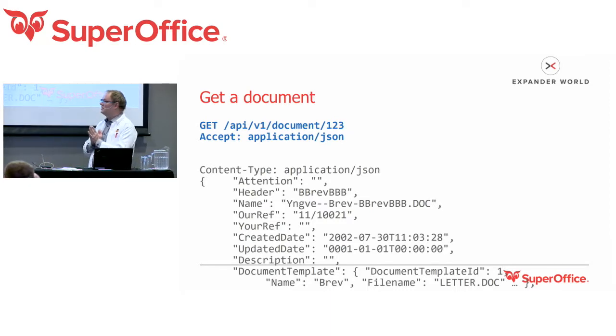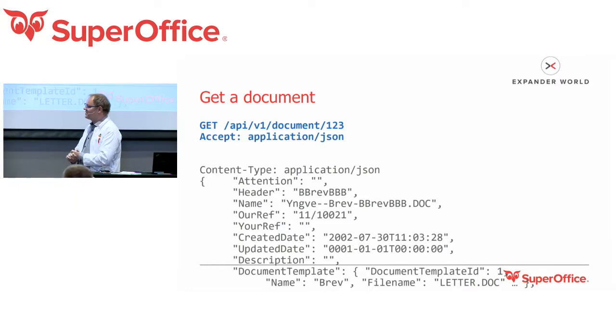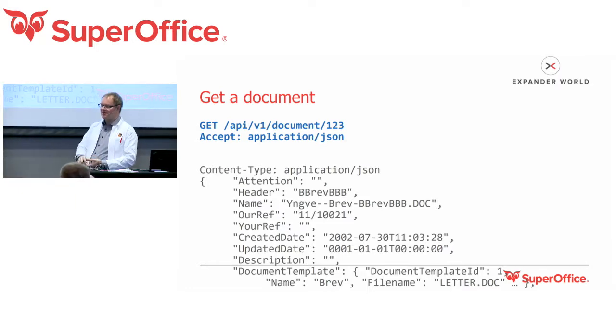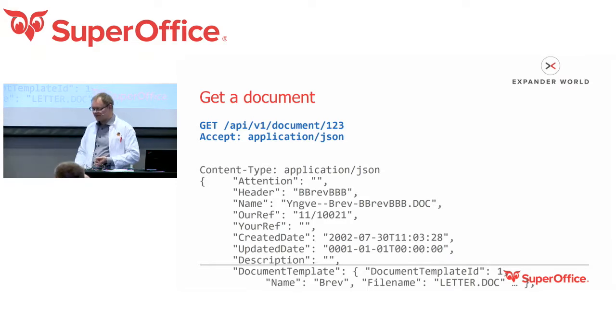Documents. So you have the document entity, the JSON structure that tells you what's the description, what document template have we selected, what's our reference, and so on. If we go get one particular document by ID, we'll get back a nice structure that says, here are the fields that you filled out on that document.